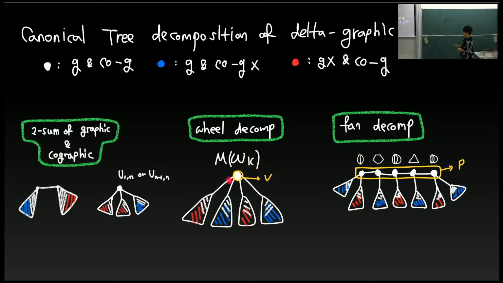We can find the vertex V which corresponds to this matroid, such that when we delete V, each component corresponds to a graphic matroid or a cographic matroid. Also, if the component corresponds to a graphic matroid, then the connecting edges should be limb edges, and if the component corresponds to a cographic matroid, then the connecting edges should be spoke edges.